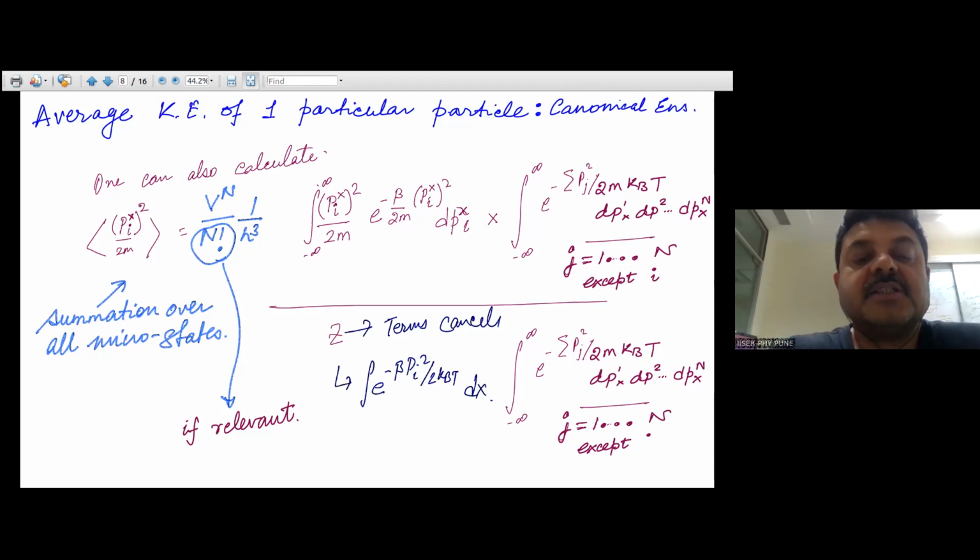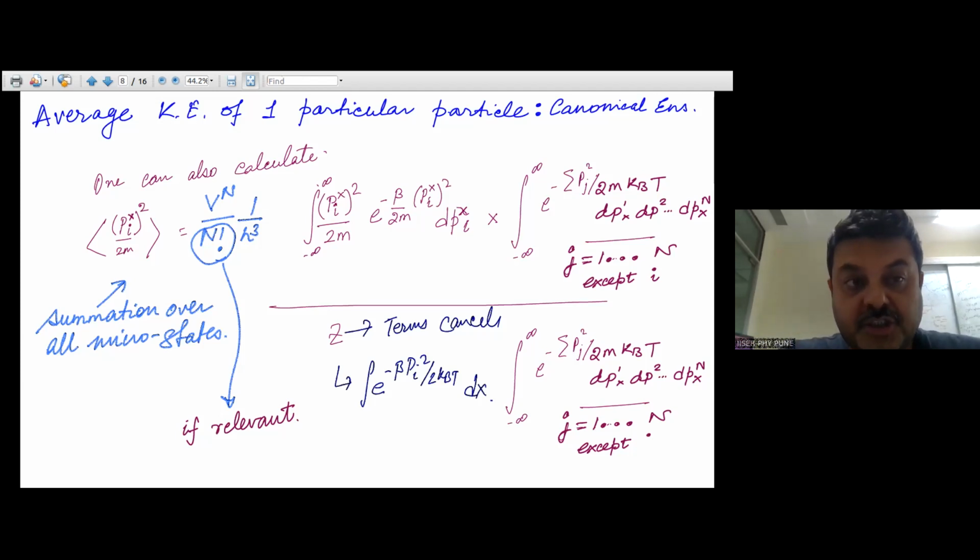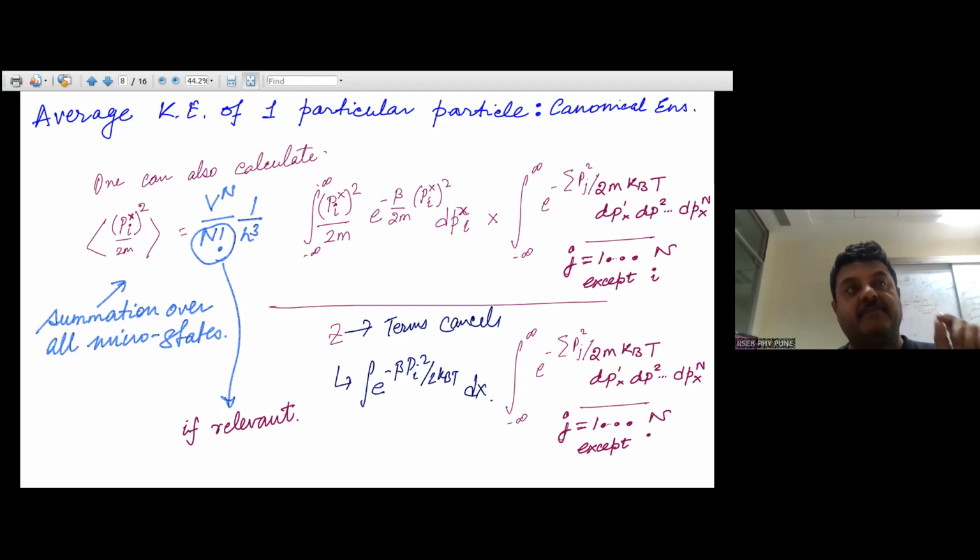We had shown that the average energy for n particles in 3D is 3/2 kBT times n. But here we are going to calculate the average kinetic energy for one of the particles, even for 1 degree of freedom.